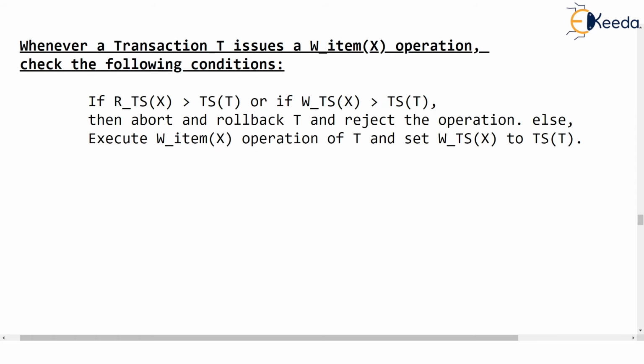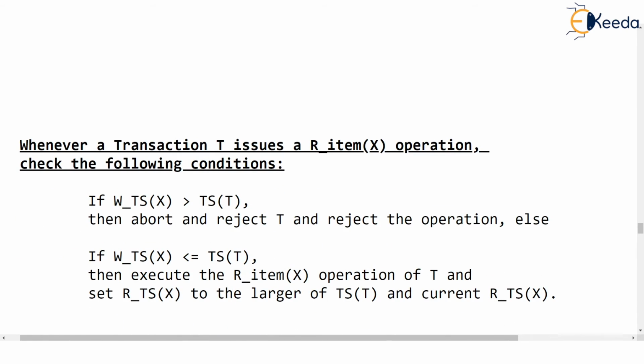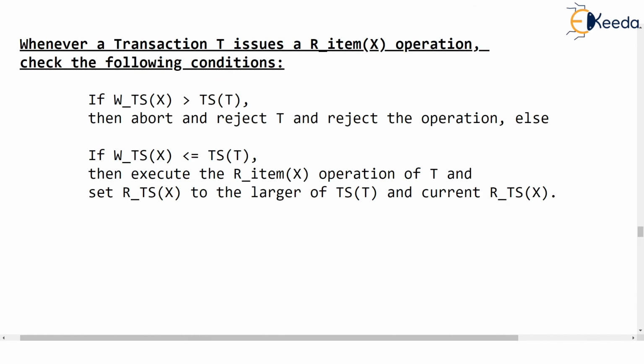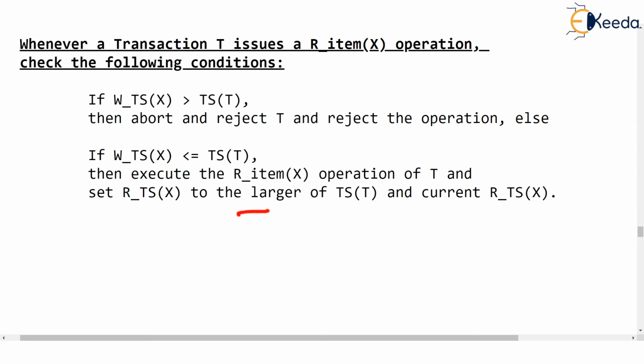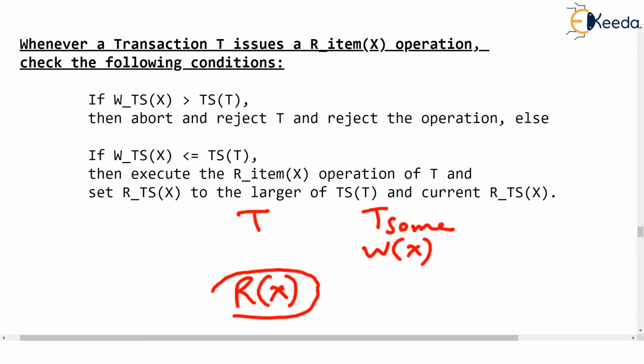Similarly, what if a transaction makes a read request? What exactly does it mean? There is some transaction T which is making a read request. Just imagine there is some transaction T sum which has already written X. Now you know whenever a transaction makes a read request, correct?